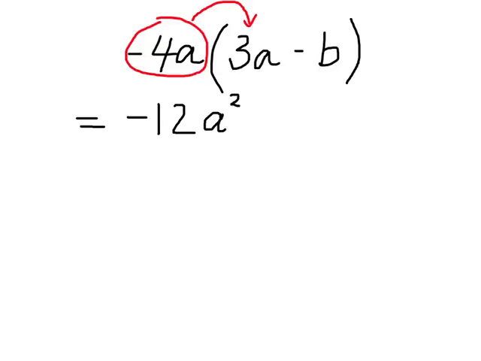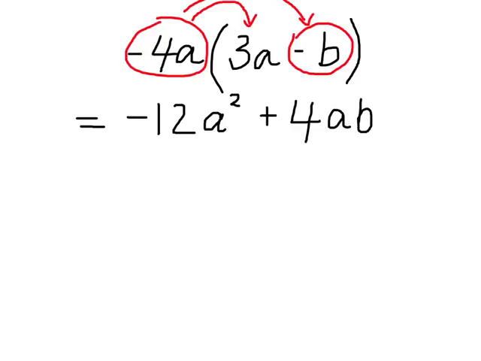And then we've got negative 4a, and we're multiplying that by negative b. So we've got a negative times a negative, which becomes a positive. Now we've got no number in front of the b, so it's actually an imaginary 1. So 4 times 1, 4, and a times b, which we just write as ab. And that's our answer.